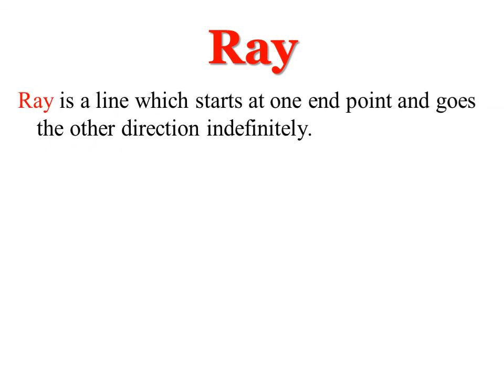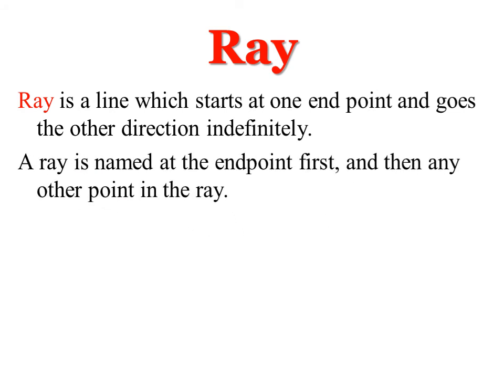So, aside from line segments, we have another subset of a line, class, which is a ray. But what is a ray? A ray is a line which starts at one endpoint and goes in the other direction indefinitely. A line segment has two endpoints, but a ray has only one endpoint. And in naming a ray, you are going to use two letters, wherein the first letter is the letter at the endpoint.